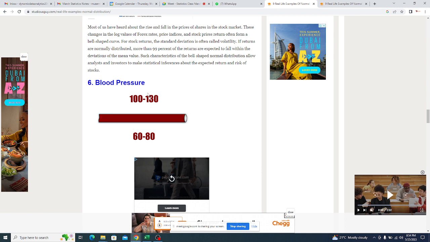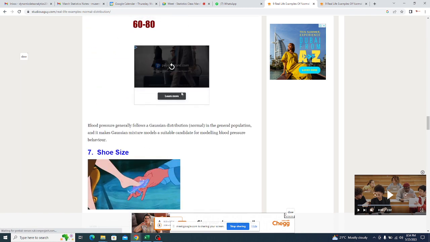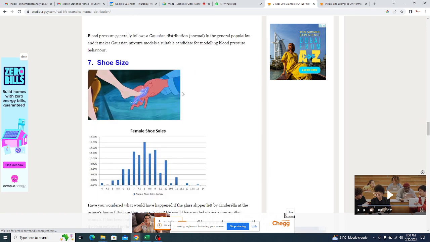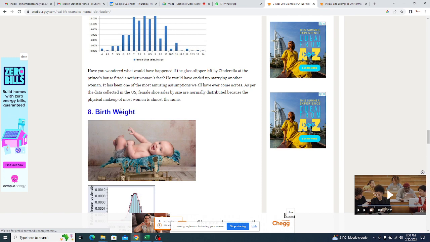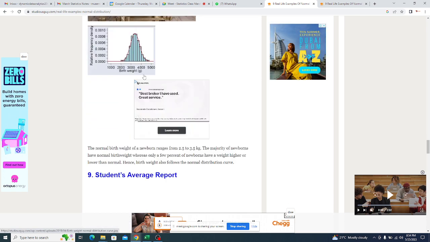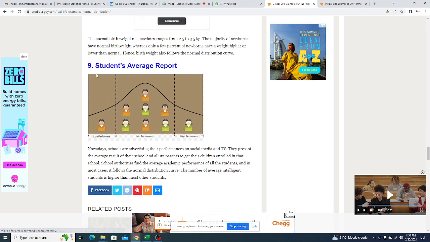The majority of people will lie there, meaning within that range is the normal range. Also shoe size, birth weight, and very many more. And then we also have students' average reports, or maybe students' cut scores.